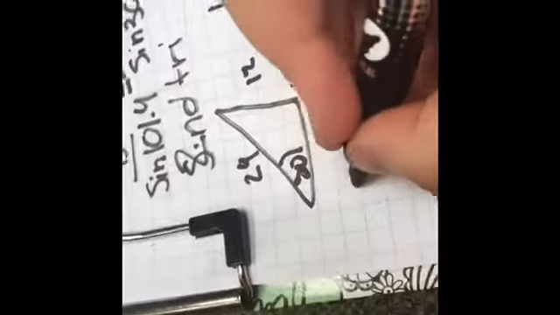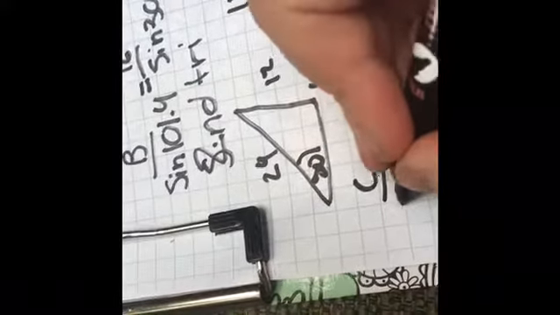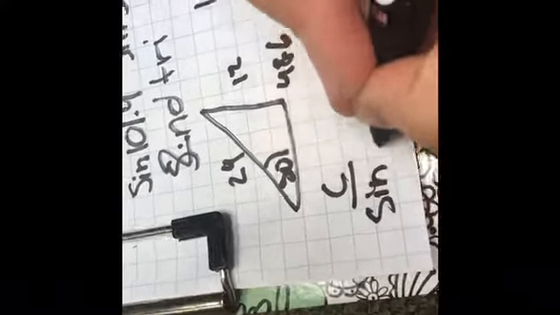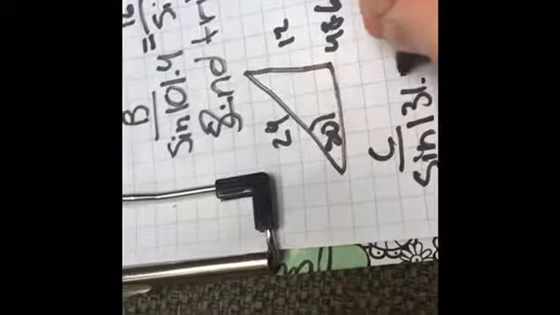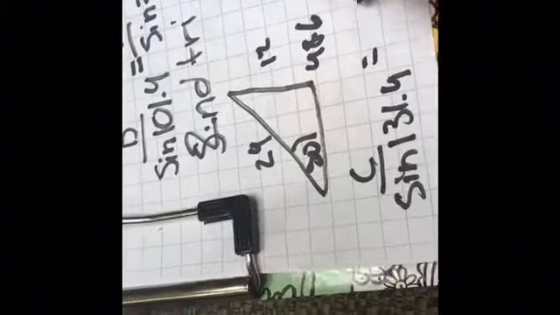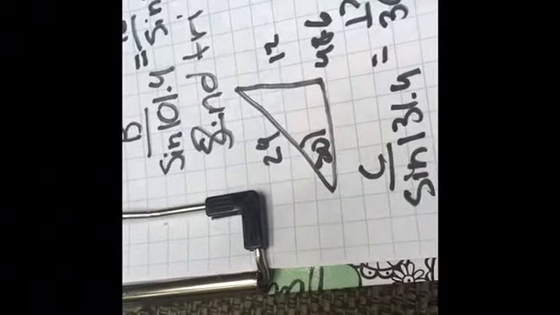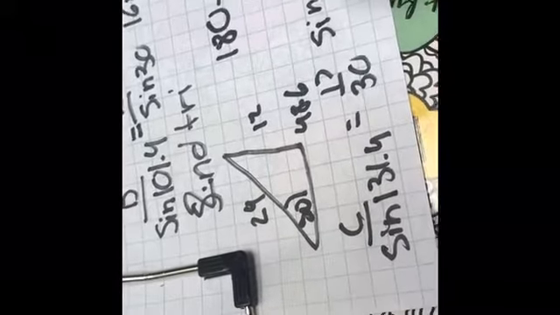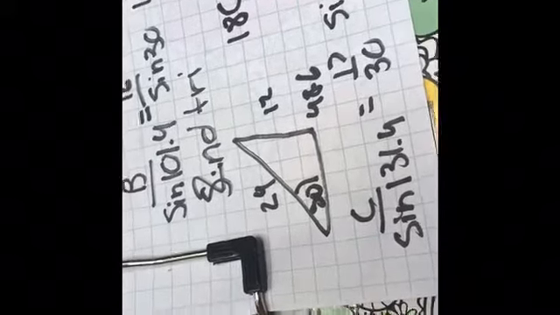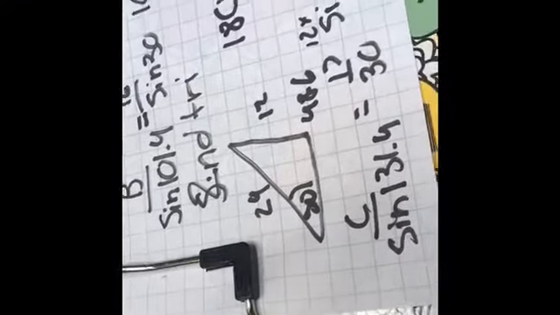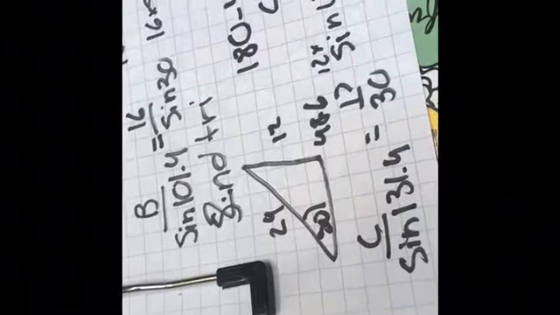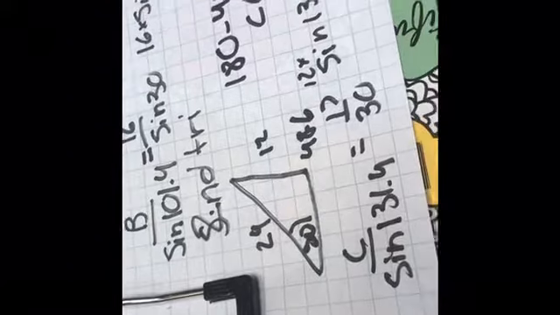So how we're going to do that is we're going to do our C, which is the side we're trying to figure out, sin 131.4, and that's equal to 12 over sin 30. We're going to do sin 131.4 times 12 in the front divided by sin 30 equals 18.